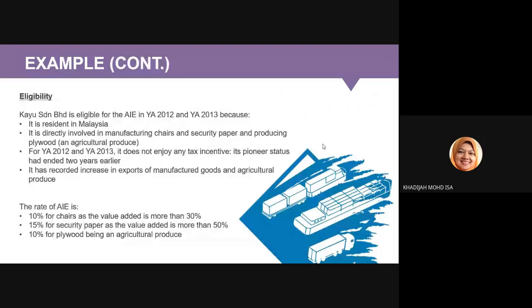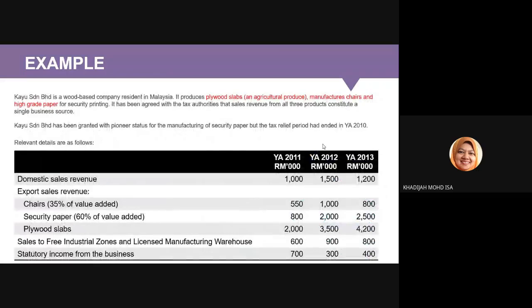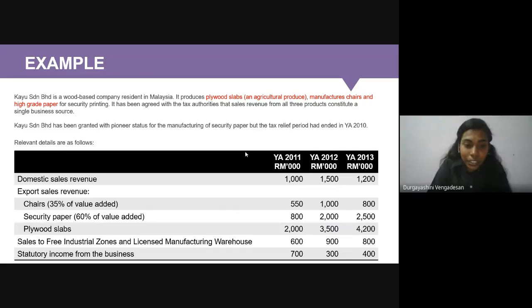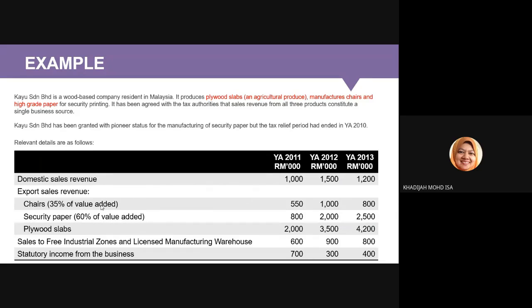But the computation of the 30% value added, do we have to compute that or is it given? How do you get that value added? This one they already give in the question. It's already given. Alright. Because I'm trying to see, for example, the increase is 450 and the base is 550.